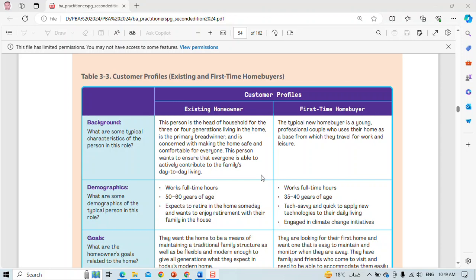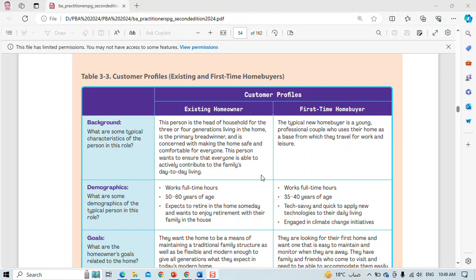Background means what are some typical characteristics which will be shared between the existing homeowners. So for example, this person who is an existing homeowner is the head of household for 3 or 4 generations living in the home, is a primary breadwinner, and is concerned with making the home safe and comfortable for everyone.